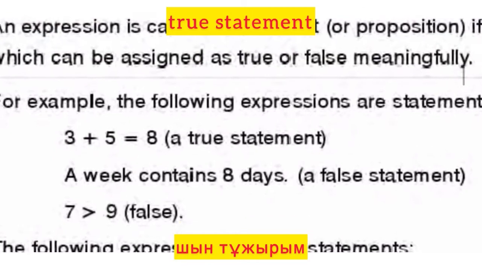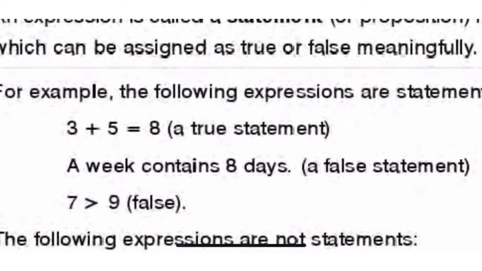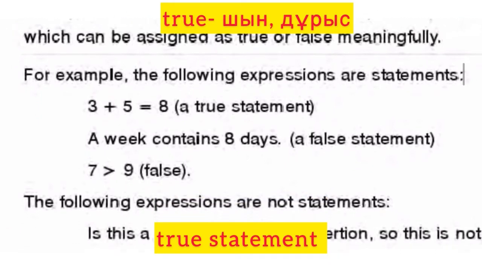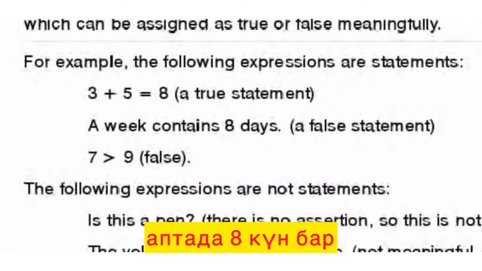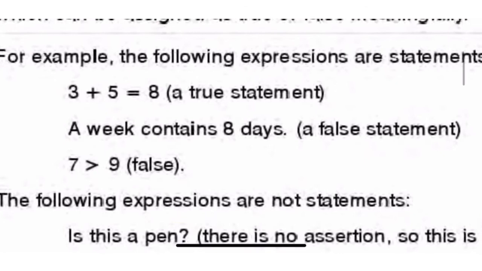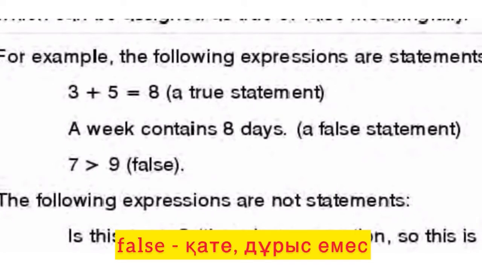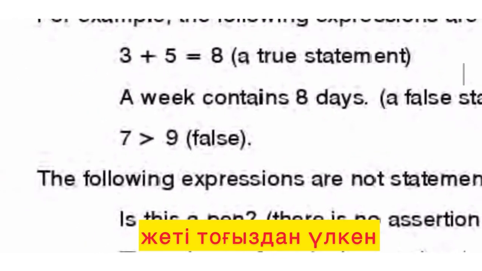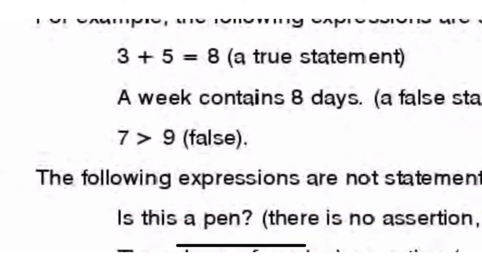It's correct. 3 plus 5 is 8. That means it's a true statement. Now, for example, a week contains 8 days. Now, this is not correct. A week contains 7 days, actually. So this is a false statement. 7 is greater than 9. It's also a false statement.